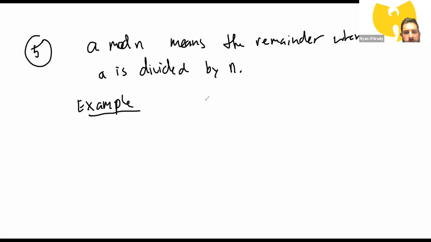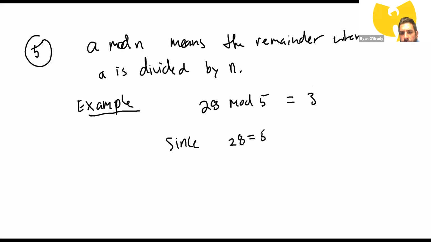if I have 28 mod 5, that is equal to, well, take 5 and divide it into 28. It goes in 5 times with a remainder of 3. So this is equal to 3 since 28 is equal to 5 times 5 plus 3.